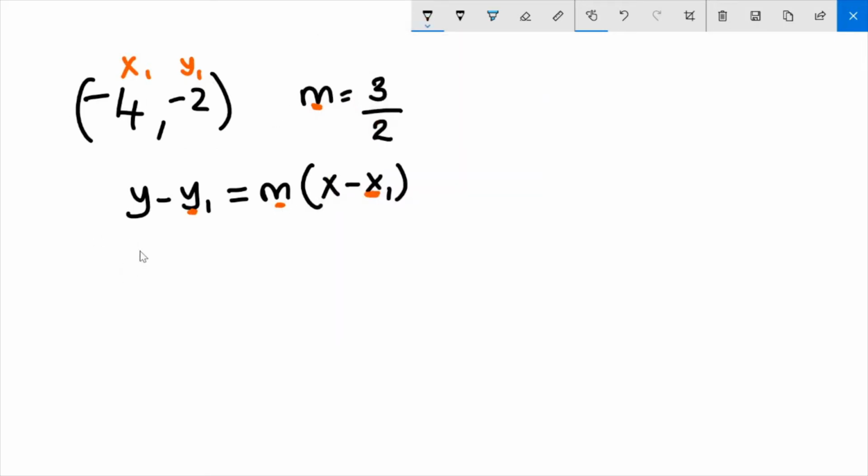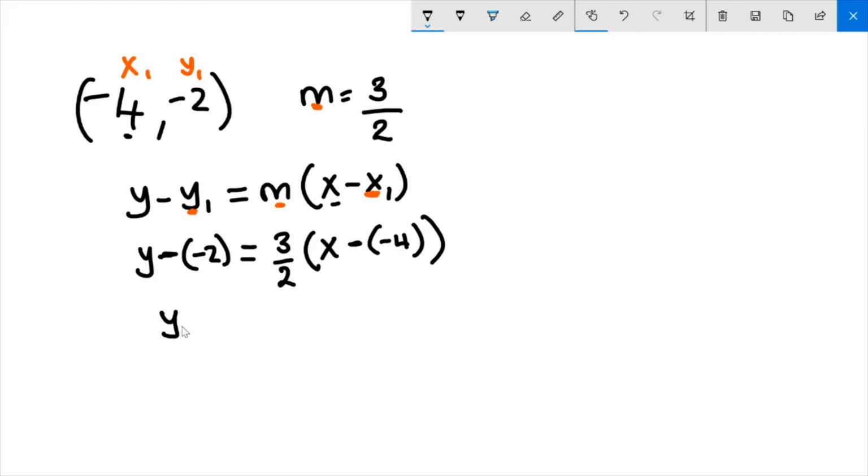So I replace y minus, now y1 is negative 2. So I write negative 2 equals m. m is 3 over 2, times x minus x1, and x1 is here, negative 4.